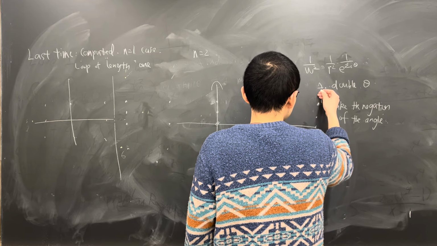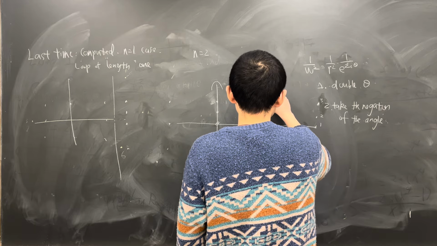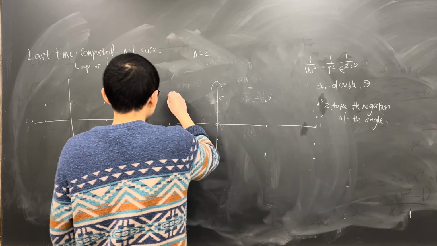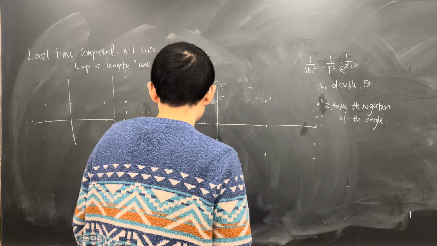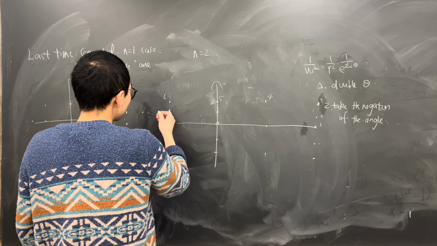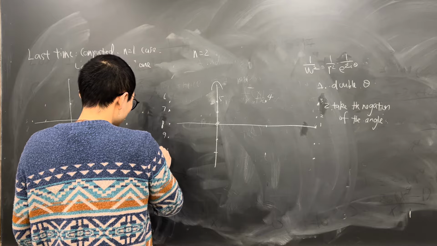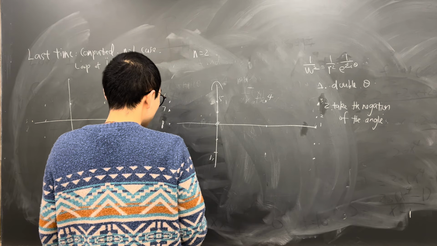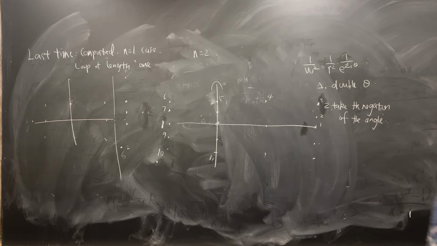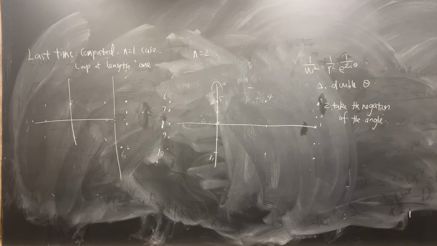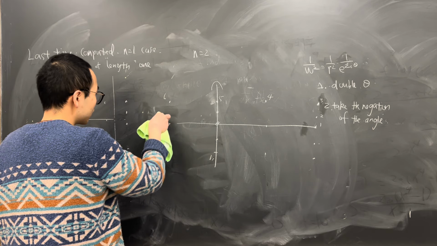One. I think I started here last time. Okay, 1, 2, 3, 4, 5, 6, 7. Oops, I think I started wrong, so this should be 7. Okay, 8, 9, 10, 11. Oh shoot. No, it's not that.